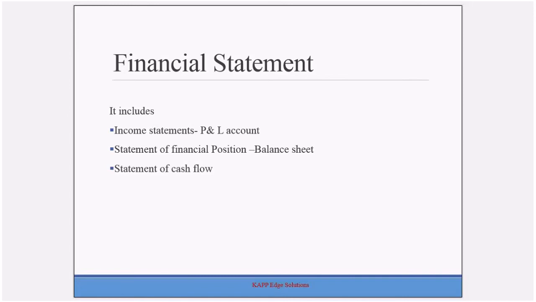Some people may call it the P&L account or profit and loss account too. The second set is called the statement of financial position, which is the balance sheet. The balance sheet includes all your assets and liabilities. Your income statement tells the profit and loss of the business. It includes all expenses and revenues.